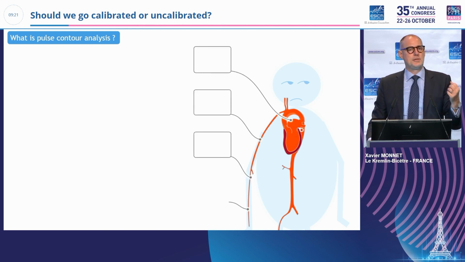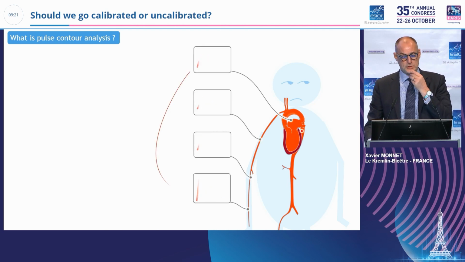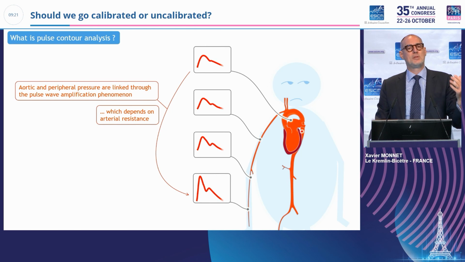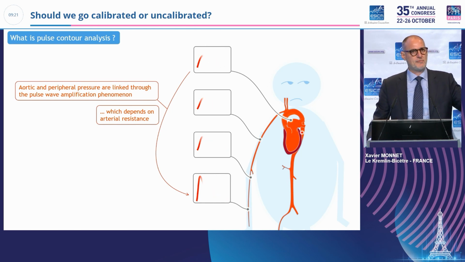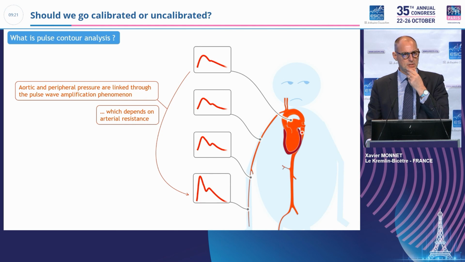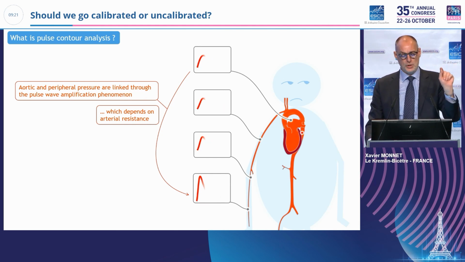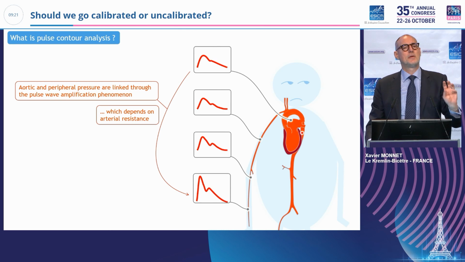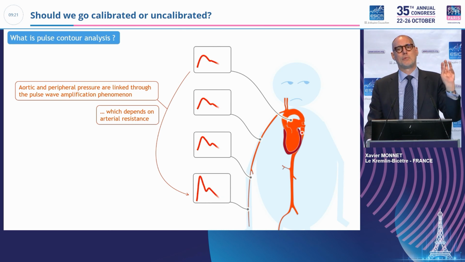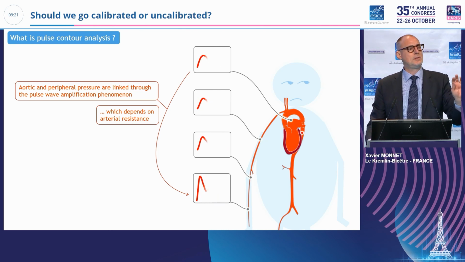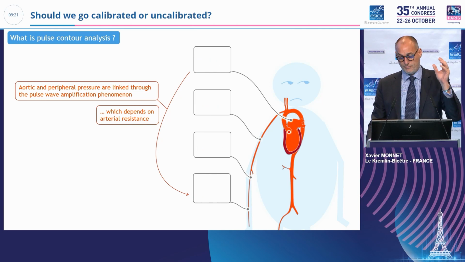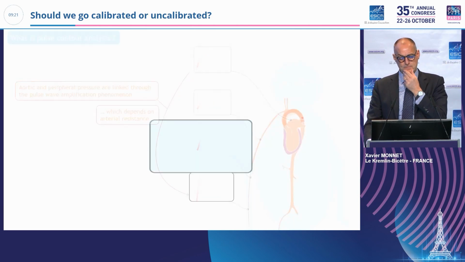But usually we measure the peripheral pressure, which is different from the aortic pressure because of this pulse wave amplification phenomenon. And keep in mind that it basically depends on arterial compliance. The peripheral arterial pressure we measure at the radial, at the femoral level, is different from the aortic pressure.